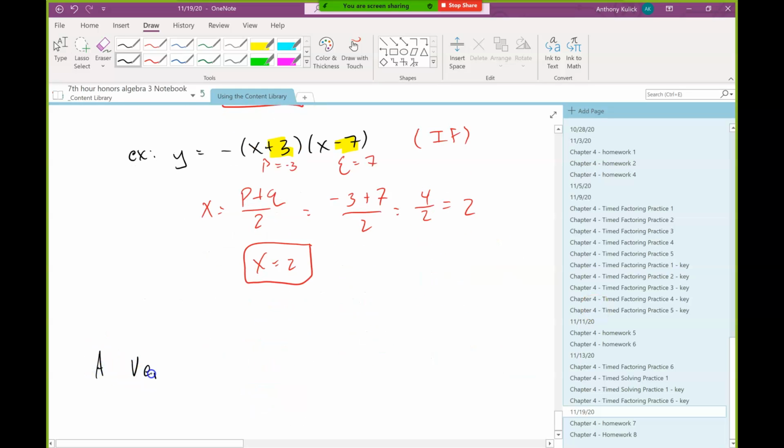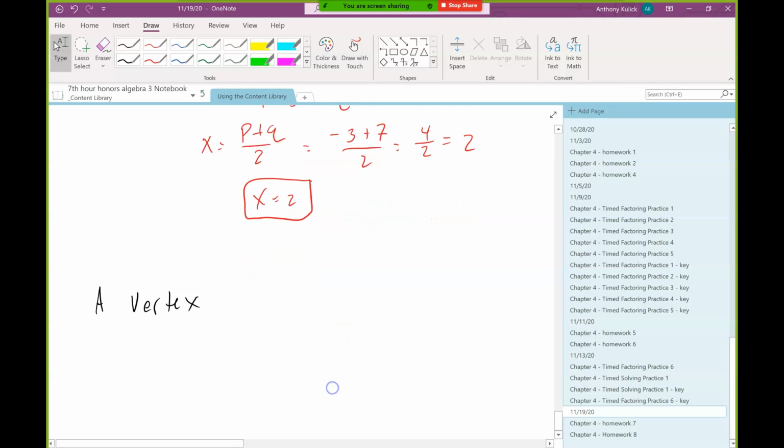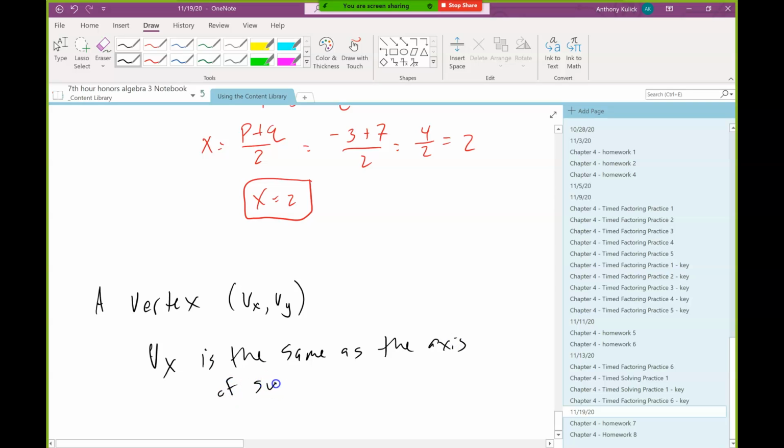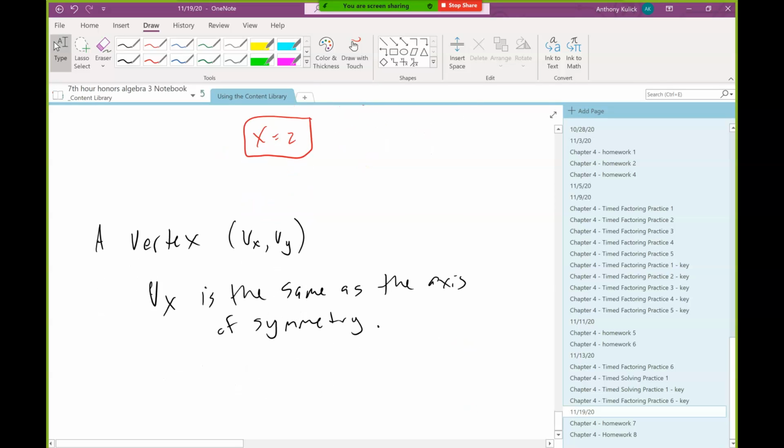The last one is the vertex. So the vertex is an ordered pair. I'm going to refer to the x-coordinate as Vx, and the y-coordinate as Vy, just V for vertex, and then a subscript for whether I'm talking about the x or the y-coordinate. So the x-coordinate is the same as the axis of symmetry, which makes sense because we said that the axis of symmetry always goes through the vertex.